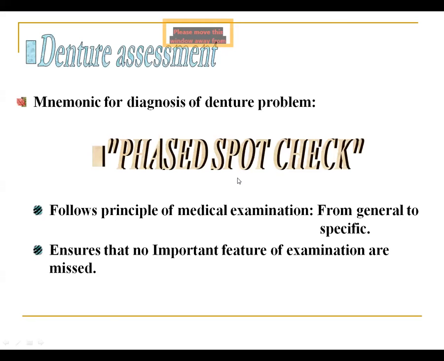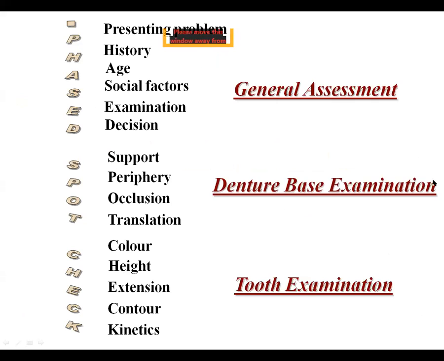What is STOP? STOP is your denture-based examination. And CHECK is your tooth examination. There are about 6 factors here, 4 factors here, 5 factors here, so to remember them, we have prepared this mnemonic: PHASED, STOP, CHECK.